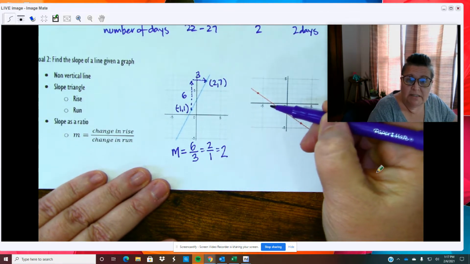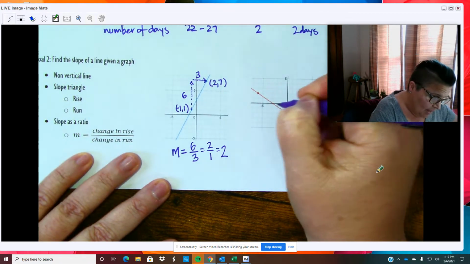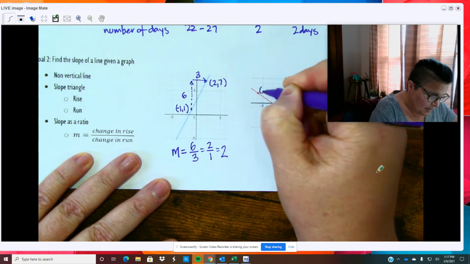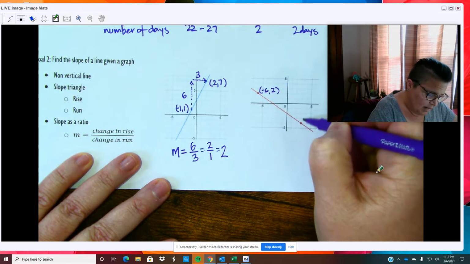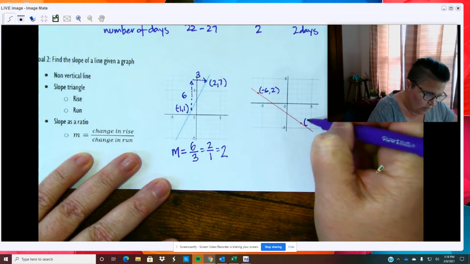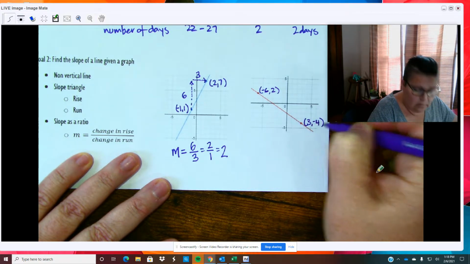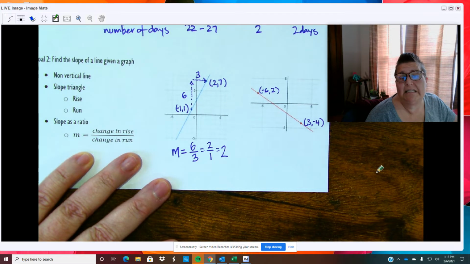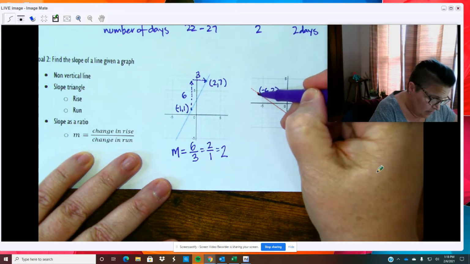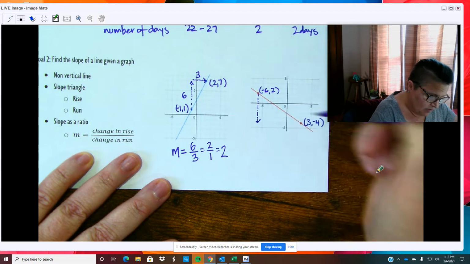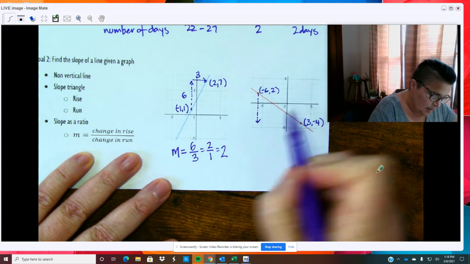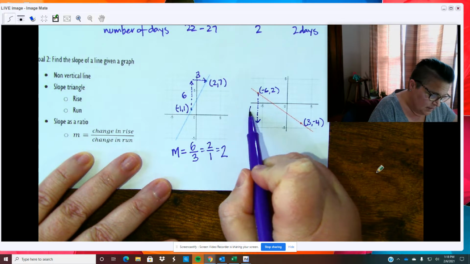The red line is very similar. I have a point here at -6, 2, and I have a point here at 3, -4. If I create this slope triangle, the idea here is that this is a rise, but it's actually a fall. And we're going to fall 6 units.